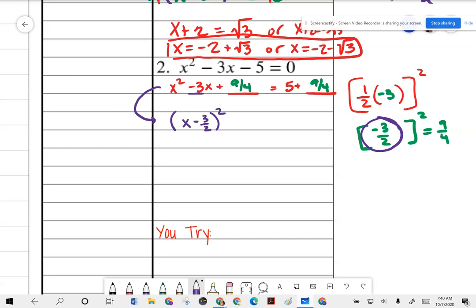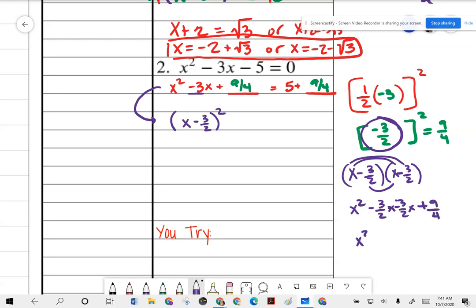Think about it like this. If I have x minus 3 over 2 times x minus 3 over 2, if I were to multiply that out, I would get -3 over 2 minus x, and then minus 3 over 2 x plus, because it's a double negative, 9/4.